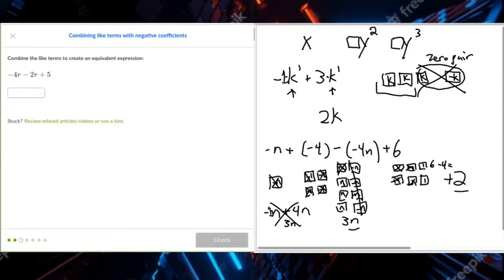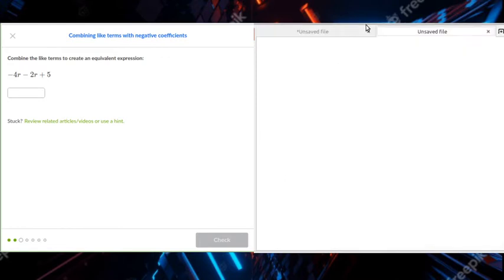We get a new piece of paper here. Okay, I'm going to keep using this model here. Negative 4r minus 2r plus 5. So here I have negative r, negative r, negative r.